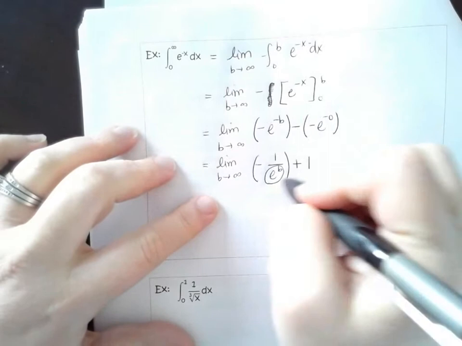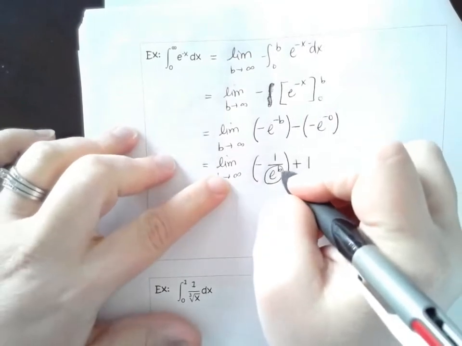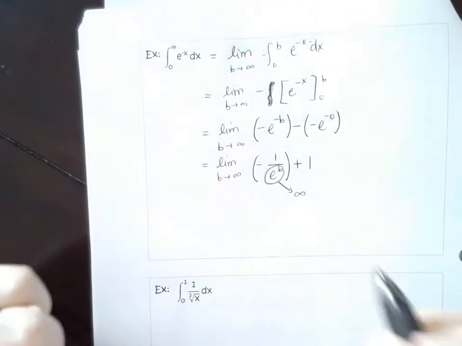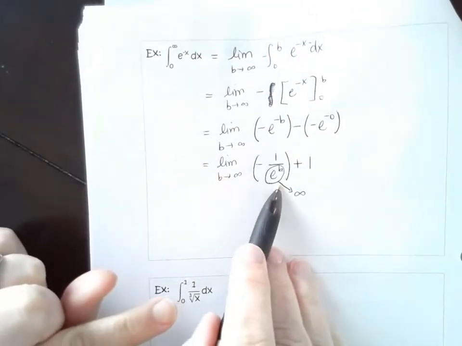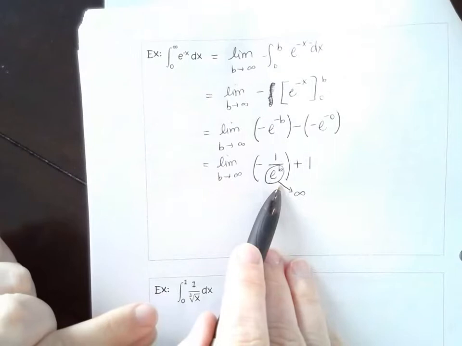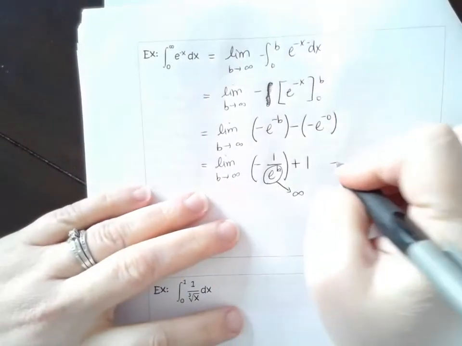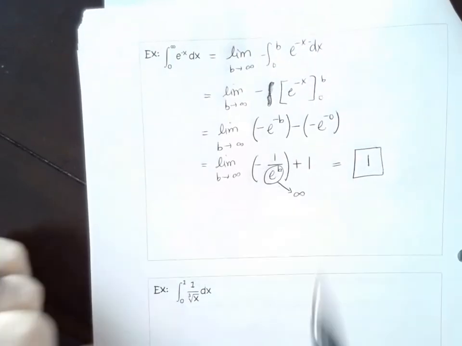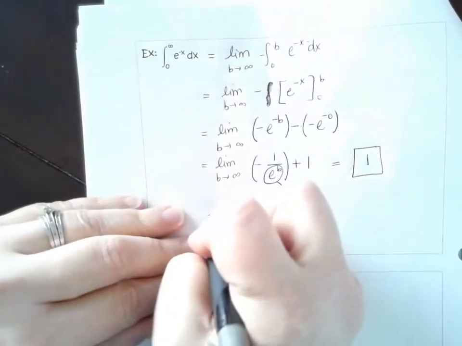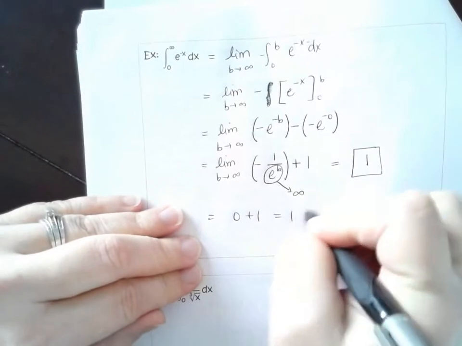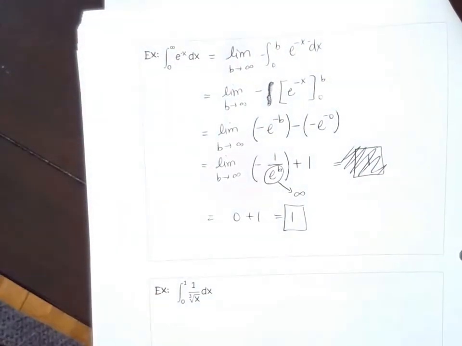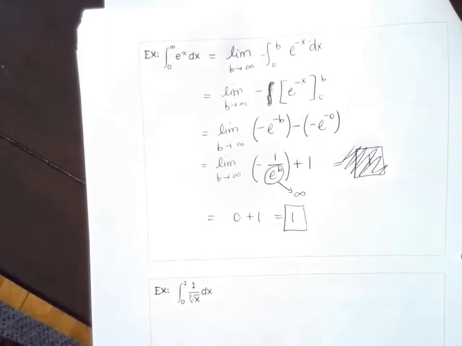If my denominator is growing such that the exponent is infinity, then the entire denominator is infinity. 1 over infinity is 0. So the final answer here is 0 plus 1, which is 1. Alright, I couldn't evaluate it as is with the infinity, so this is the correct way to do that.